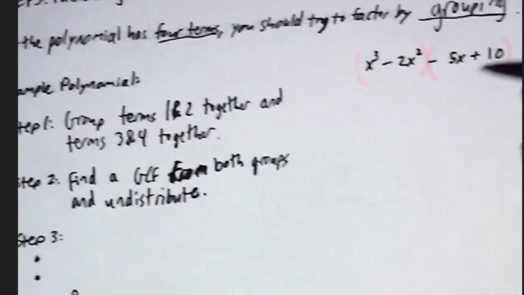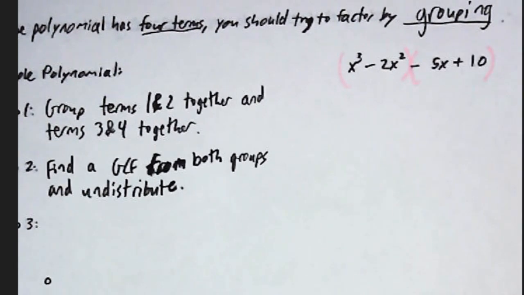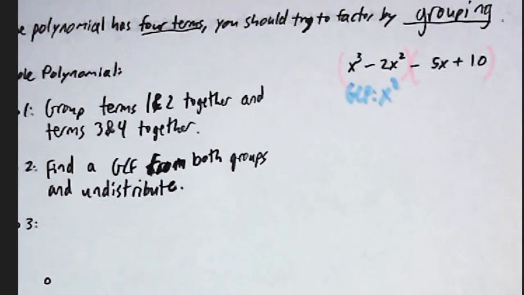So in this case, the GCF from the first group, x cubed minus 2x squared, is going to be x squared. So the GCF is x squared.